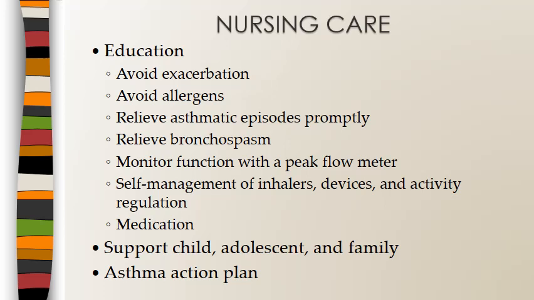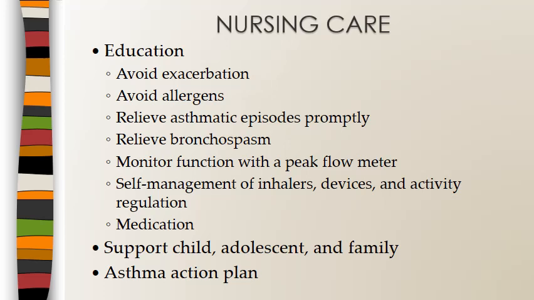That's when they're having an attack. They don't need to have decreased activity otherwise. And also medication administration. We want to make sure they know which medications to take when, which are their rescue meds, which are their long-term meds, and the proper way in which to take them. Every child should have an asthma action plan.